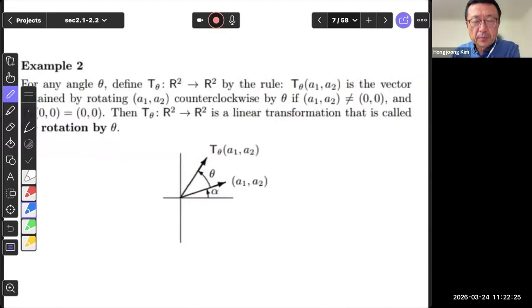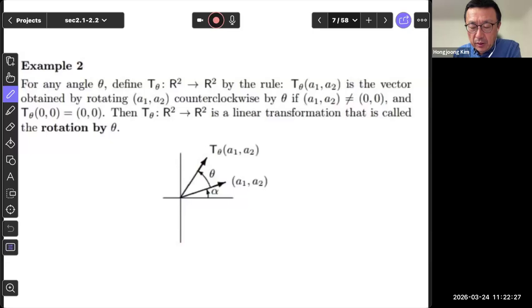Here is another example. Let us consider T sub theta, which is a mapping from R2 to R2. T sub theta will map this pair a1, a2, which defines some point on this R2 or XY plane. The image is obtained by rotating this arrow counterclockwise by degree theta.